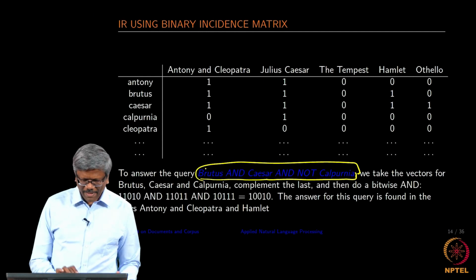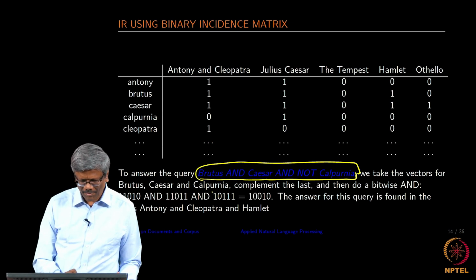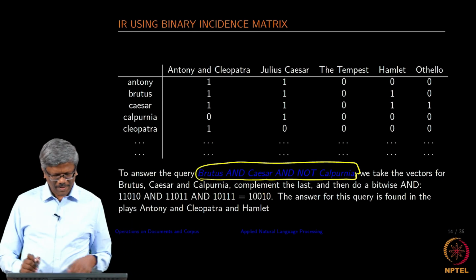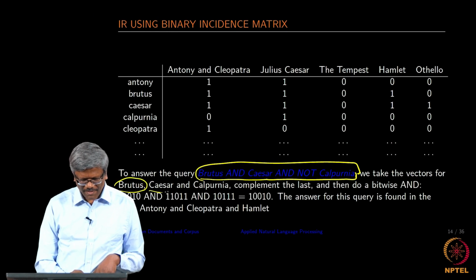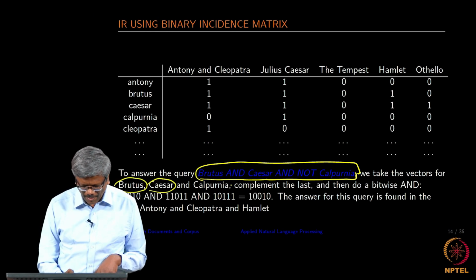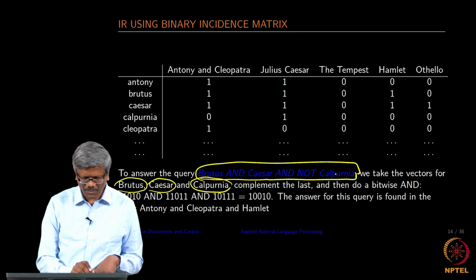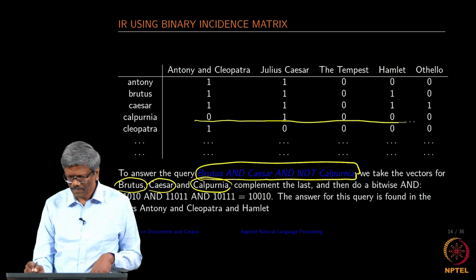One way to do this operation is to first take the vectors for Brutus, Caesar and Calpurnia and then perform the operation. Here we have asked for not Calpurnia, so you take the complement of the Calpurnia vector.